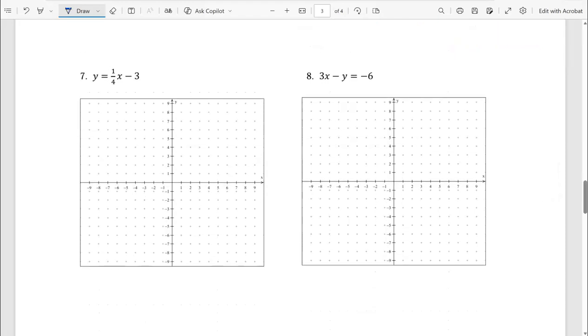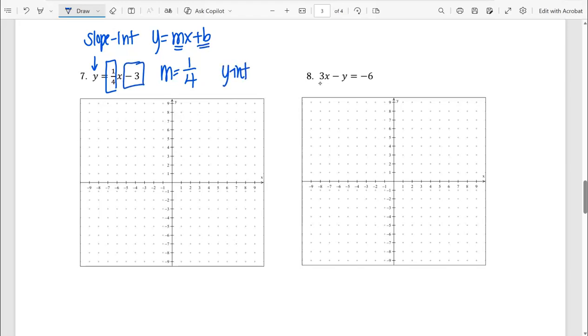So how you go about this just depends on what you start off with. If y is already by itself, go slope-intercept. That's the y equals mx plus b, where you read off the slope that's in front of the x. Whatever number is in front of your x creates the slope, the rise and the run. And the number by itself is your y-intercept, which means 0 side to side, and in this case, negative 3 on the y-axis.